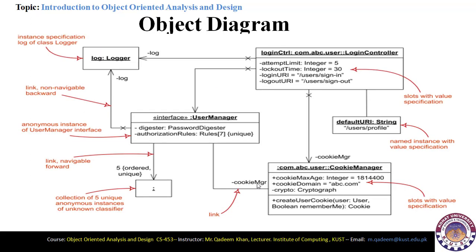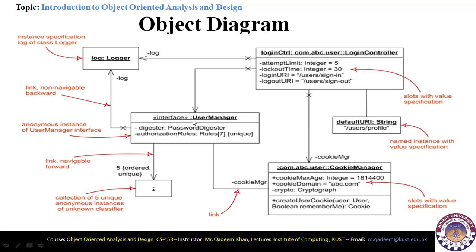Now we can represent the objects in the object diagram. So the object is instantiated from its classifier, also called the class in general. So the object is the instance of the class. Log is the instance of the logger class. Now objects can communicate with the other classes.